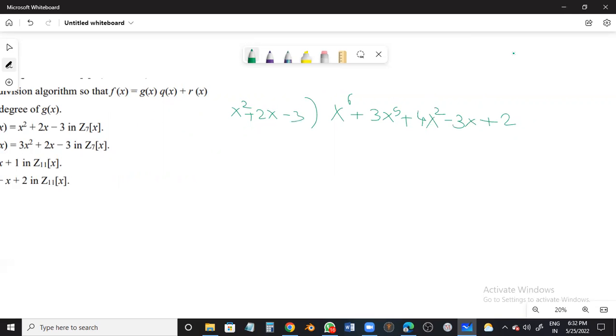And we are in Z7. Keep this in mind. We are in Z7.